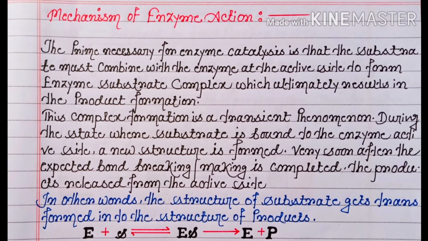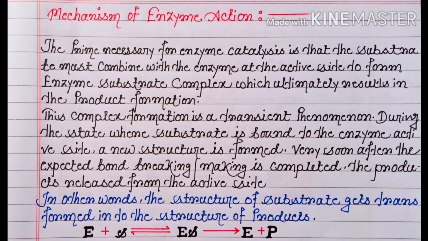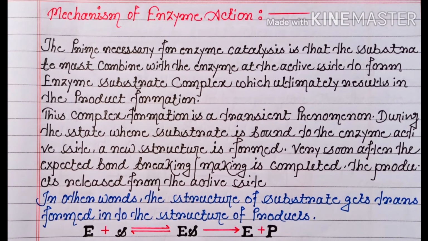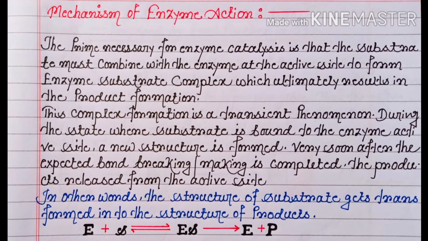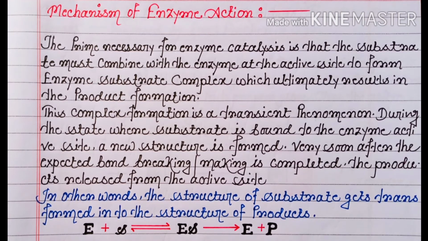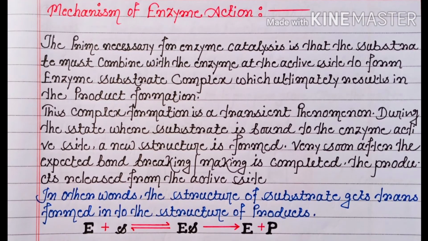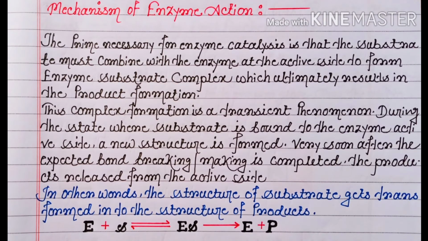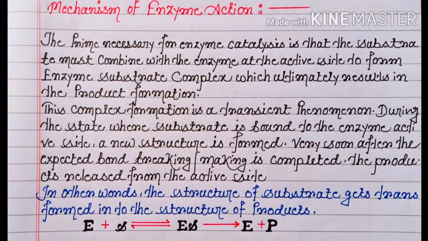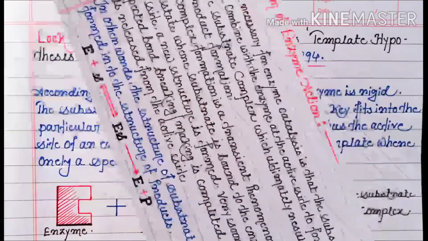Here E represents the enzyme and S represents the substrate. Both enzyme and substrate at first combine with each other and form the enzyme substrate complex. Very soon after the formation of this complex, the products are released from this complex.